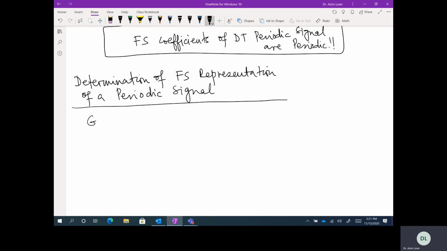Given x[n], x[0] is simply the sum over values of k of a_k.